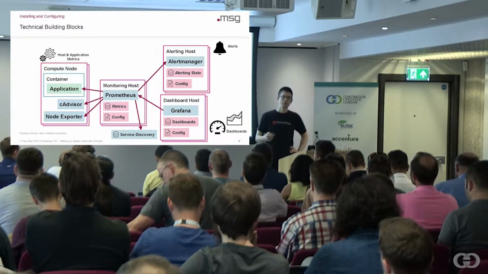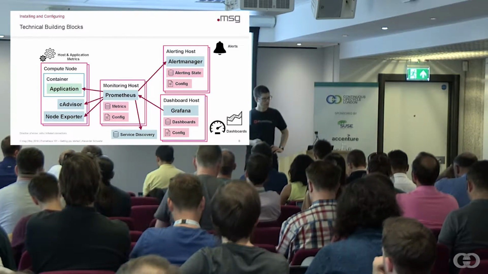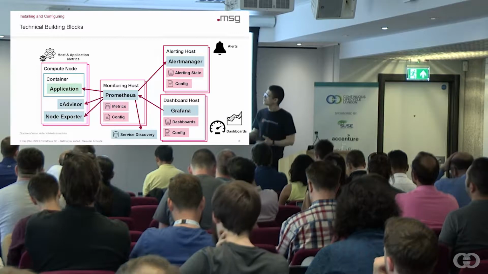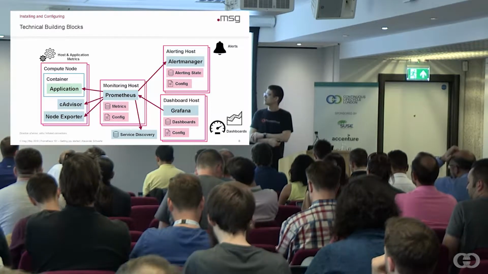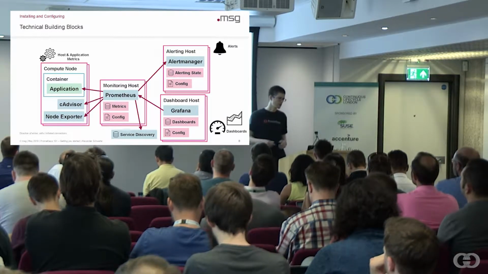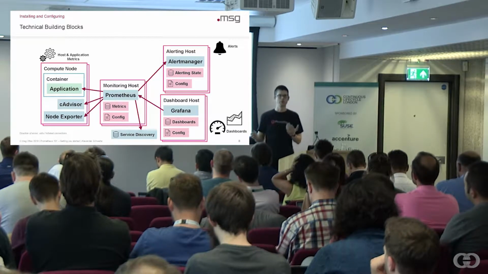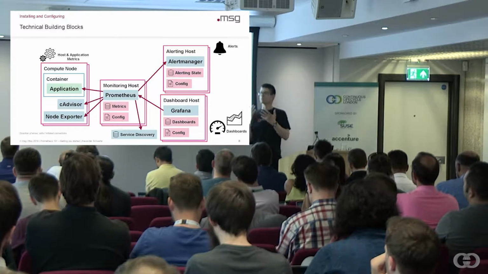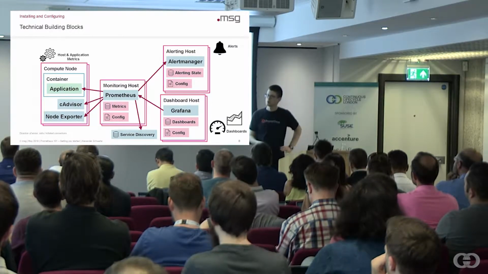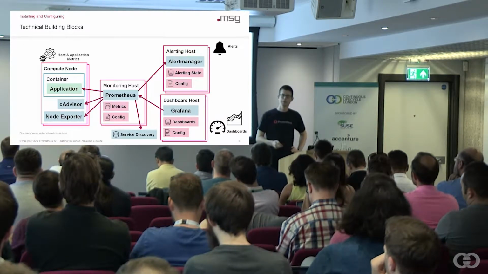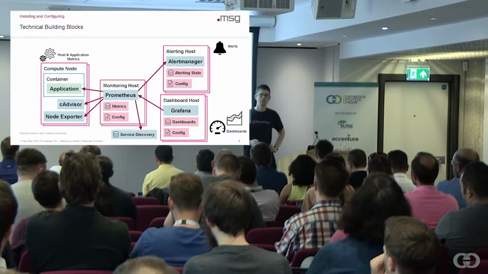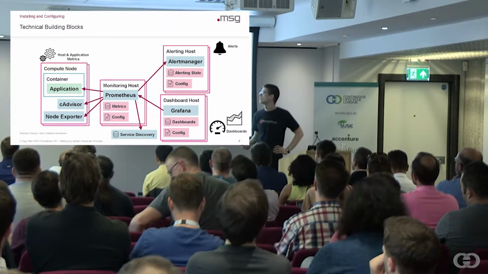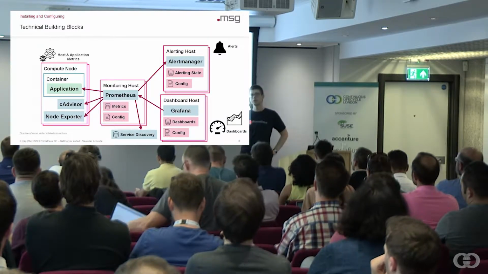Once Prometheus has learned about your infrastructure, it knows about, for example, a compute node that is running one or more containers, and in there are applications. Prometheus wants to know what's going on in this compute node, and the first thing Prometheus wants to know about is node information, about CPU, about disk. What you need to do is install a node exporter.